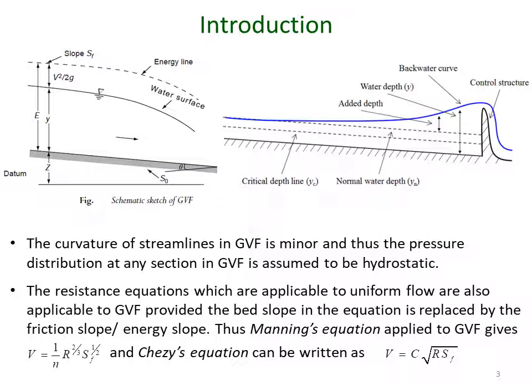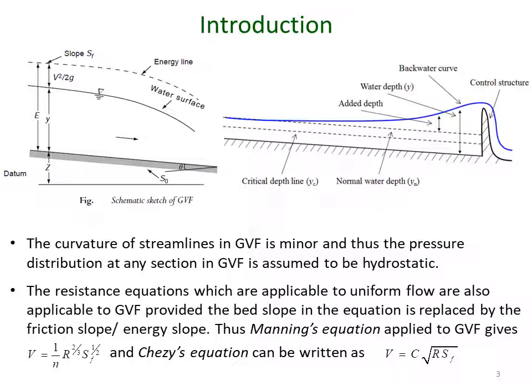As the flow depth here is varying gradually, we can assume that the curvature of the streamlines is minor, and that's why the pressure distribution in the normal direction doesn't deviate from being hydrostatic.